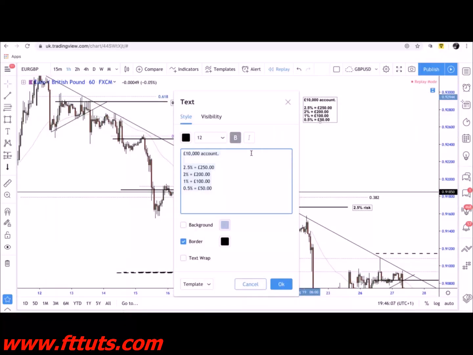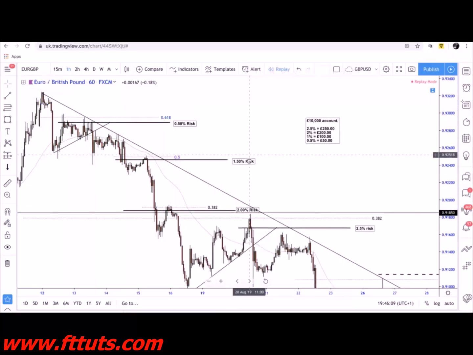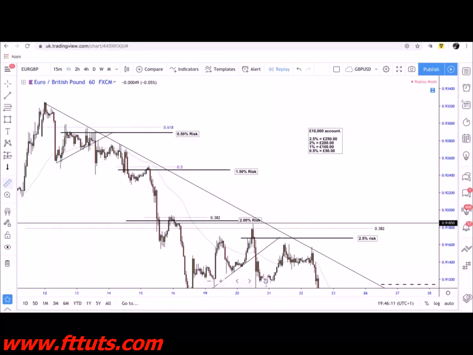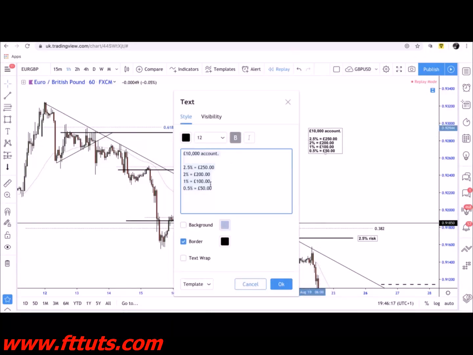So if our stop loss initially was 15 pips, what we would do is divide this by 15 pips. So the position size for that particular position we took: 50 divided by 15 equals 3.33.